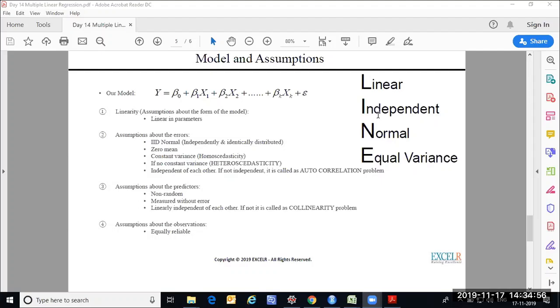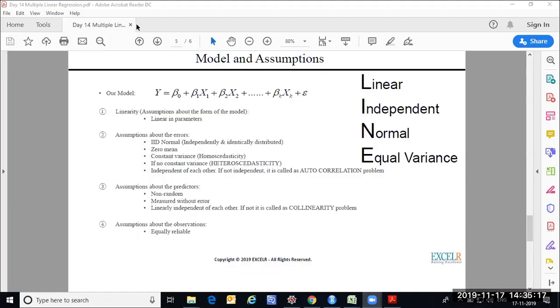Even though the model is giving somewhat reasonable or acceptable accuracy, how do we measure the accuracy of a linear regression model? R squared value, multiple R squared value, right?